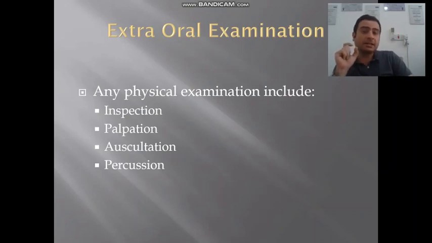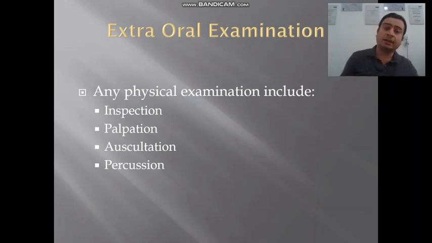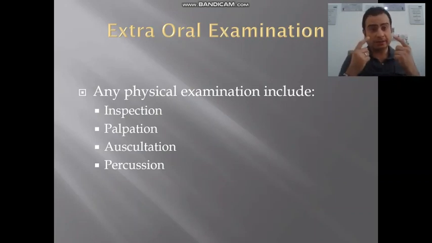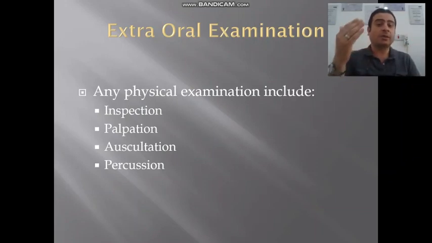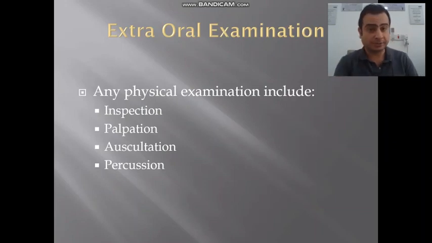The extraoral examination is a physical examination, and it can include inspection, palpation, auscultation, and percussion. As a general rule, for any examination, we start with the eye first, and then we use our hands. So inspection with the eye, and then we go with palpation, auscultation, and percussion.